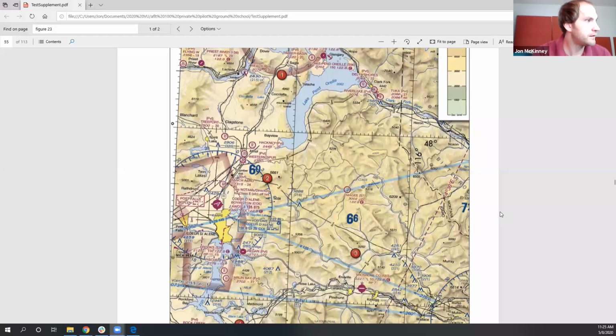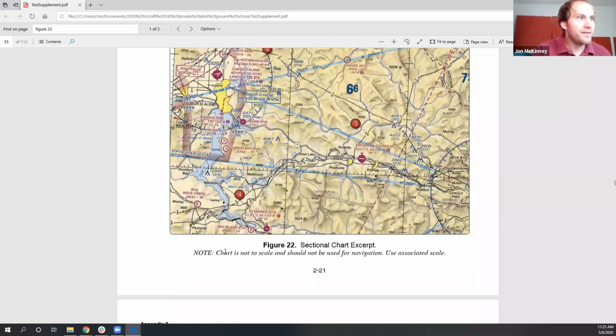Fighting the scale? What do you mean? Well, I'm glad you asked. What I want to show you here is, I can do this on the screen share. When you're taking the test, you see the words, "This chart is not to scale."